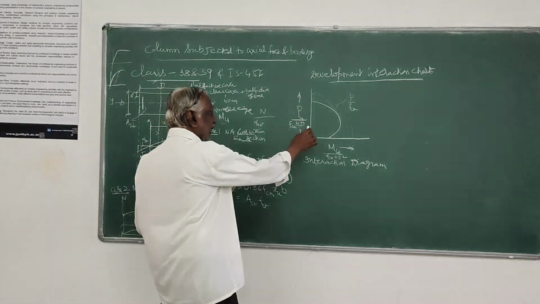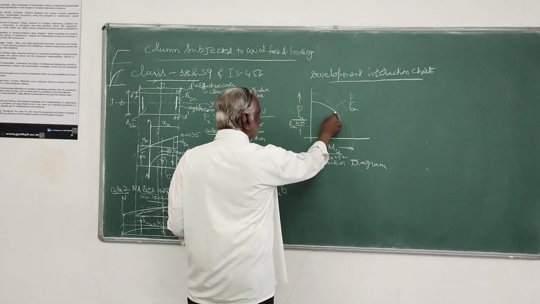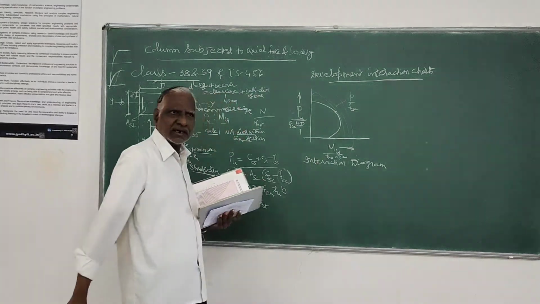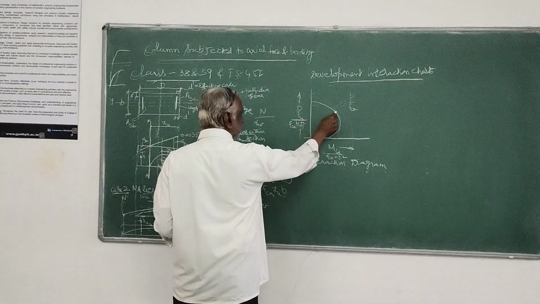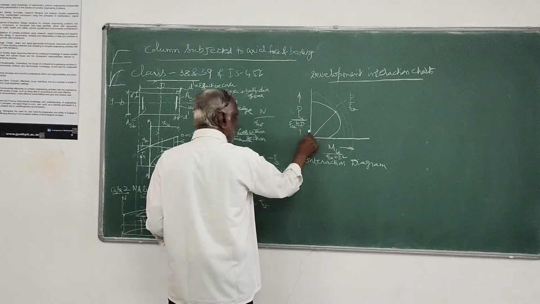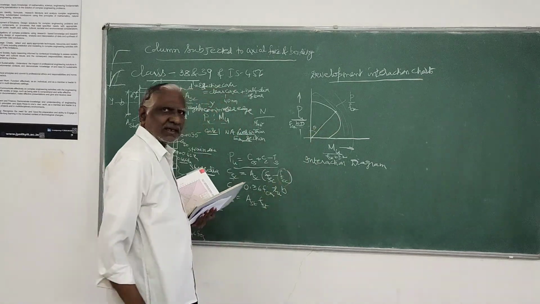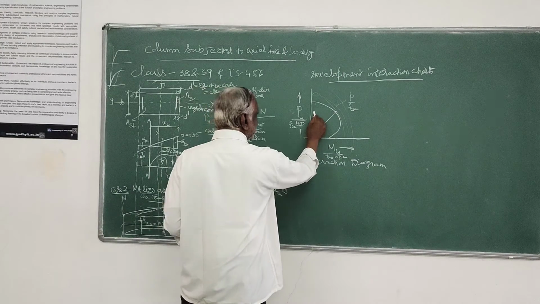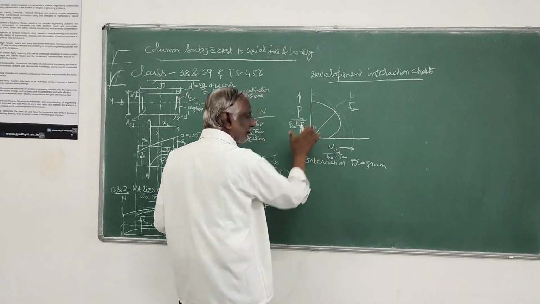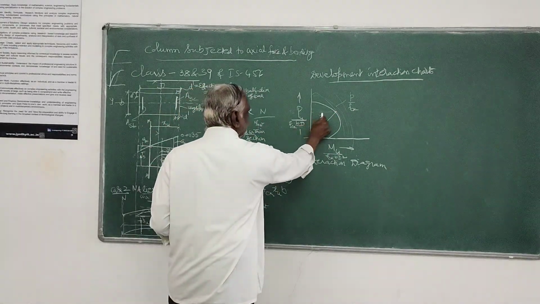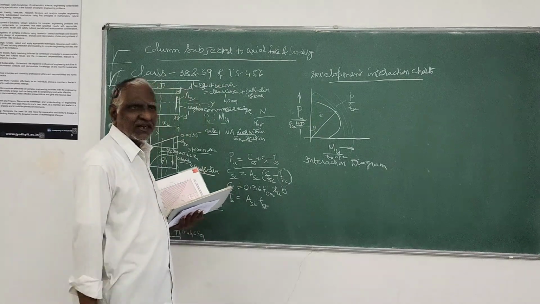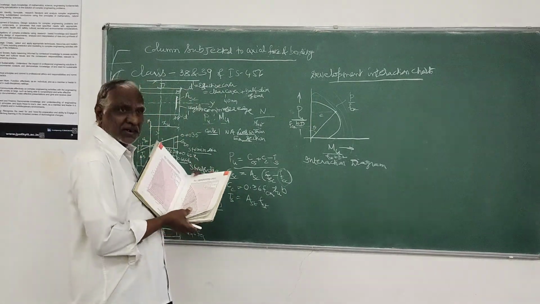Here one thing you can observe. If you take any point on this interaction diagram, and suppose theta is the inclination of this particular line, then tan theta represents the eccentricity. That is one of the properties here.